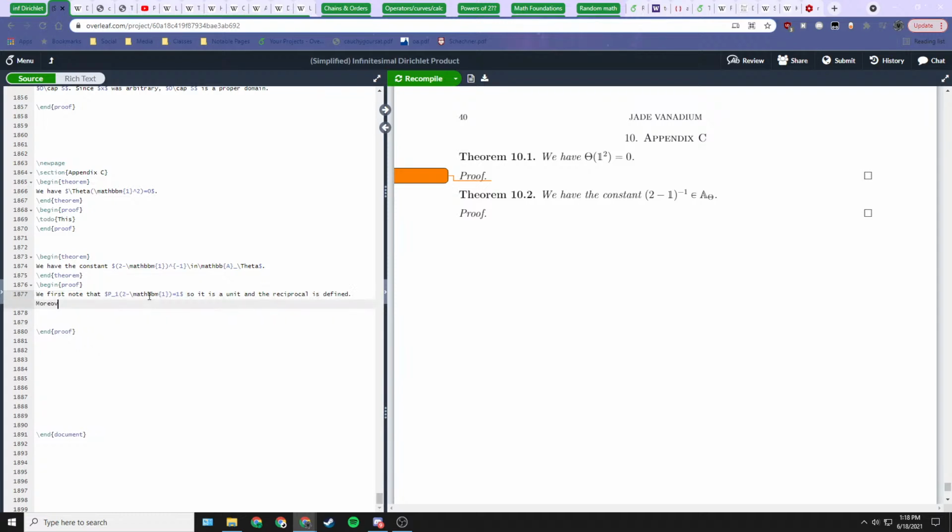Moreover, if we have 1 over 2 minus this bold 1, we can change this as 1 over 1 minus this bold 1 minus 1.